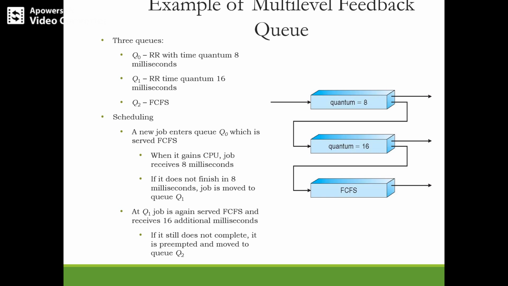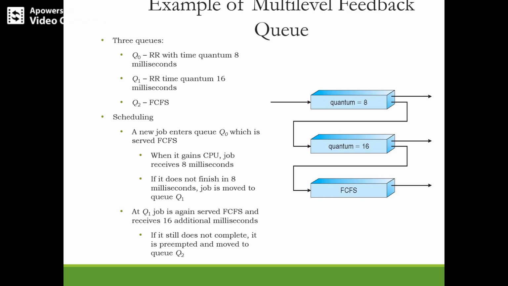If it finishes, it is completed. If it does not finish in 8 milliseconds, the job is moved to Q1. At Q1, the job is again served in FCFS manner and receives 16 milliseconds. If it does not finish, it moves to the next queue. This is how the multi-level feedback queue works.